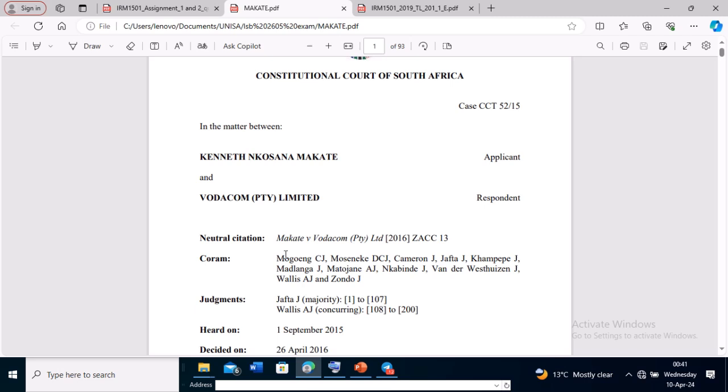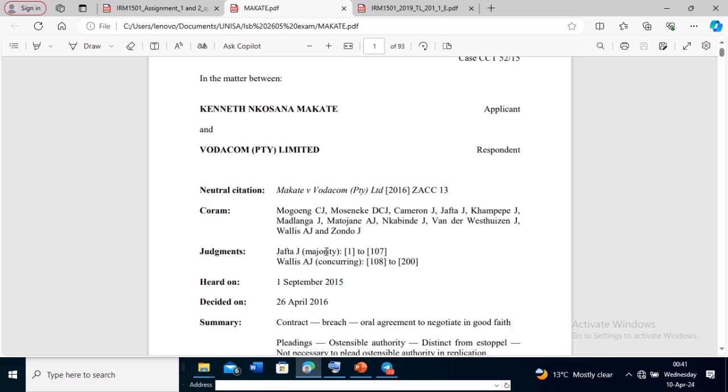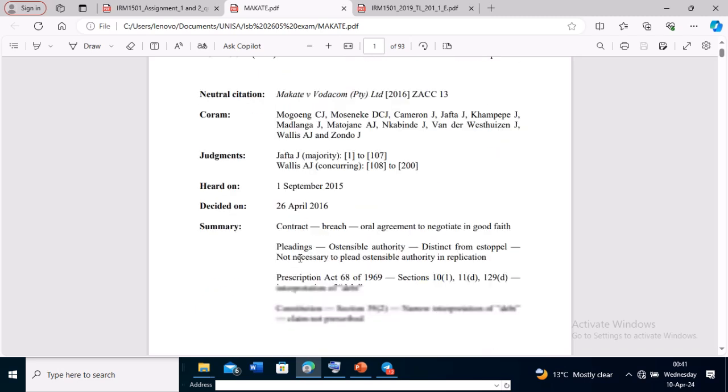Also the judges can use certain sources in order to hand over judgment or to deal with these legal questions and stuff.